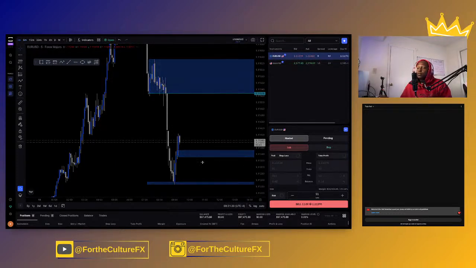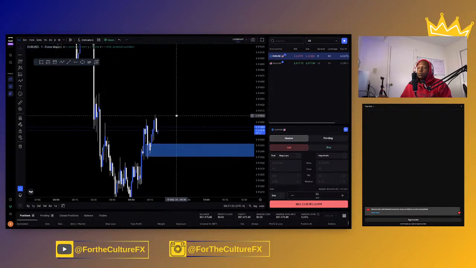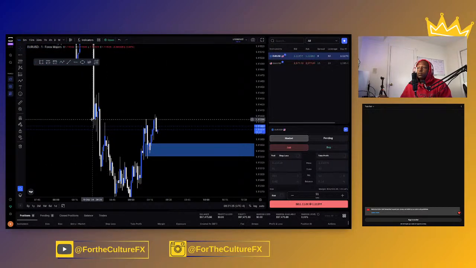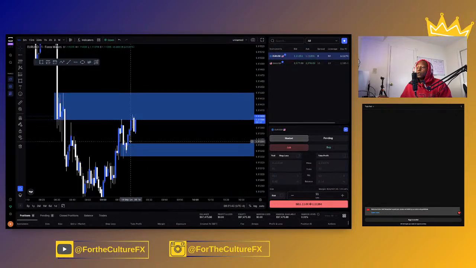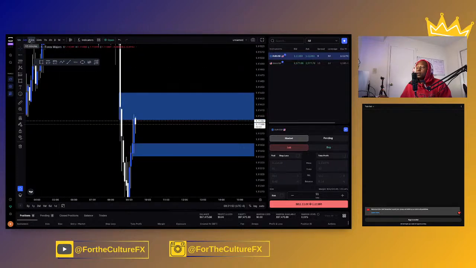Let's see. We're going to get a retest down. Doesn't look like we're going to get our retest down for that continuation play. 5 minutes, still chance to close bearish here.